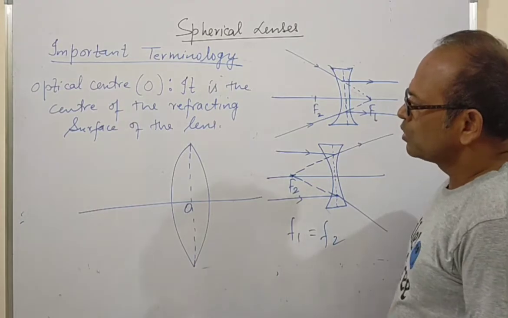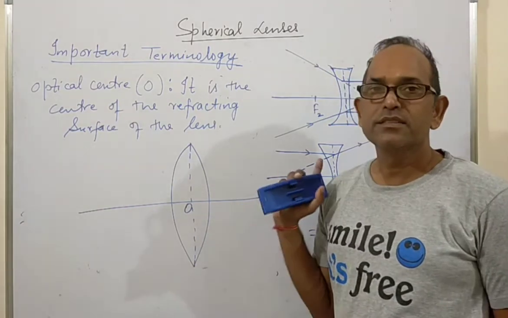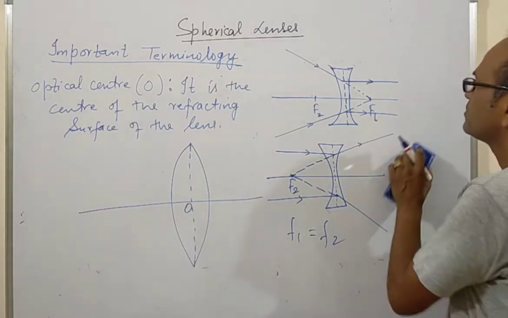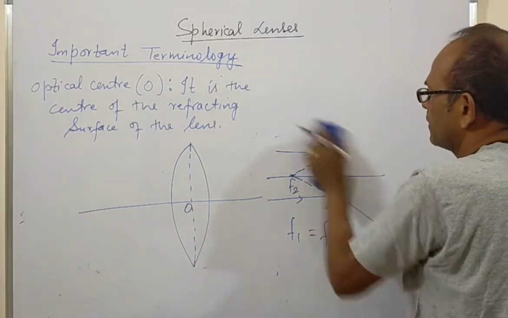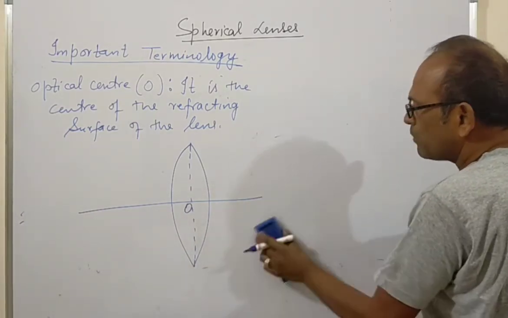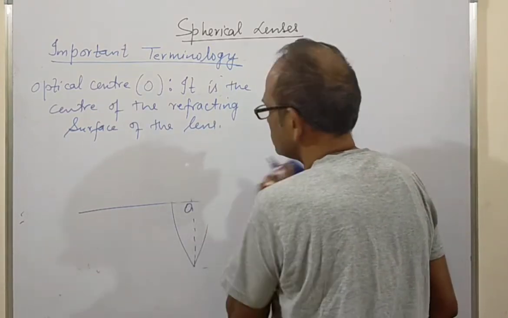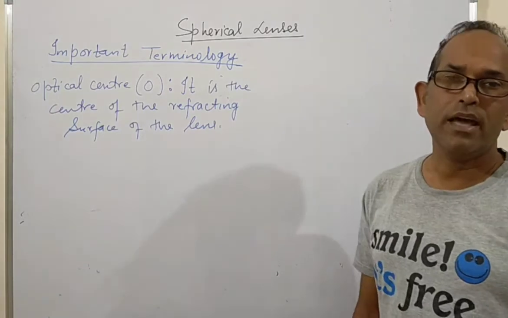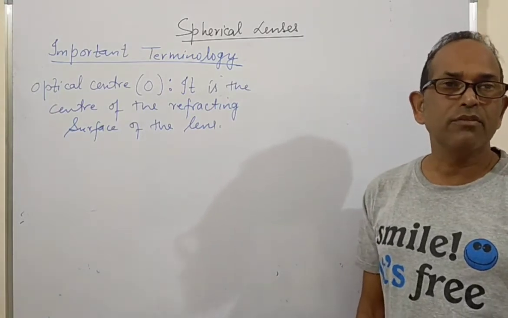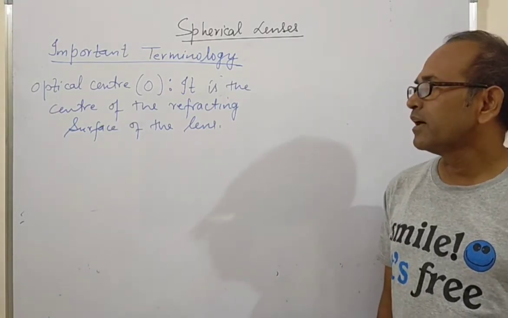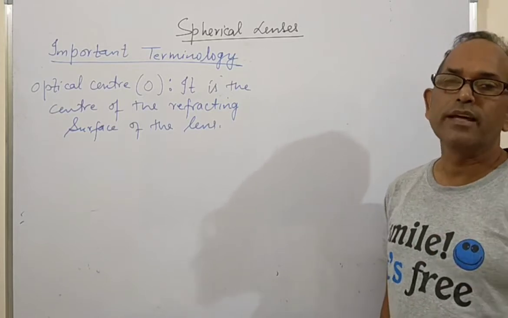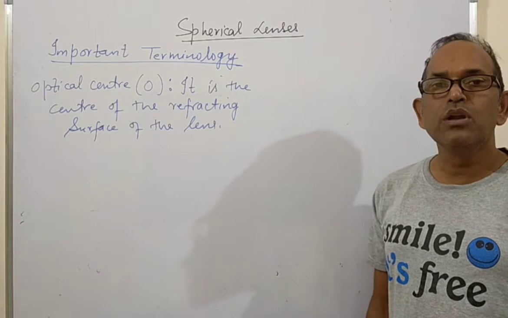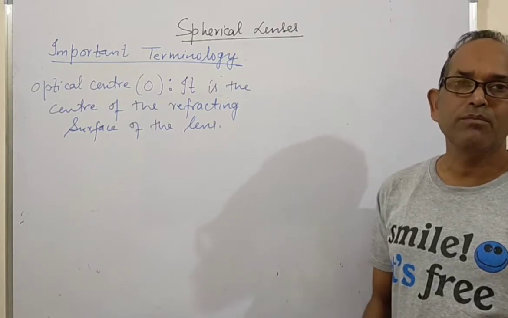Okay, now, so this is the optical center, right? Now, another is optical aberration. What is this optical aberration? When the rays of light are refracted through the lens, then all the rays do not converge at the same point.